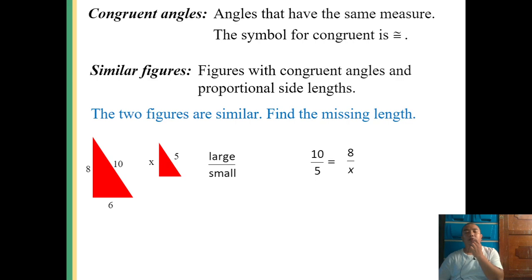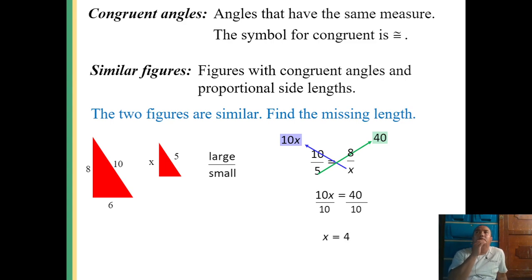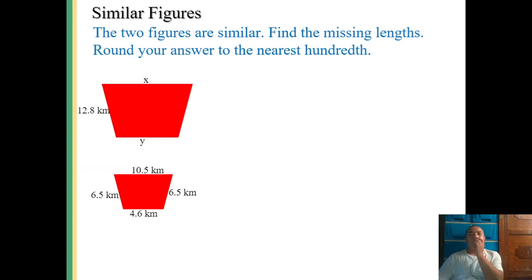And from that, we can solve by cross multiplication. 10x equals 40. Divide both sides by 10, therefore x is equal to 4. So that's one of the uses of proportions, solving for the unknown side among similar triangles.